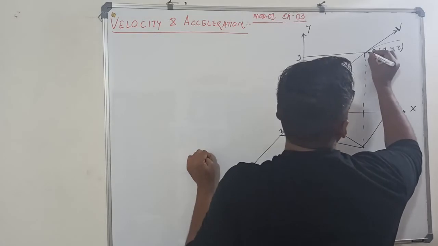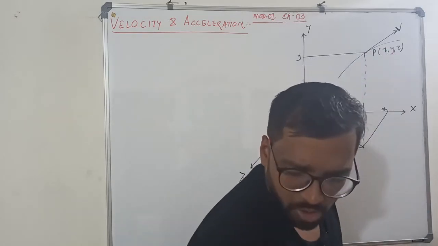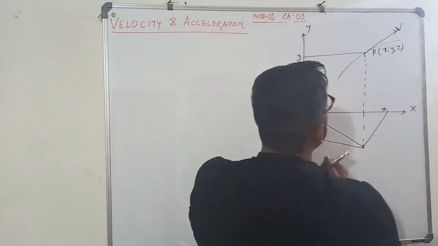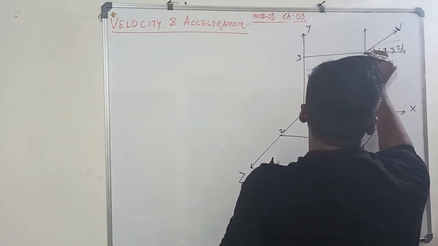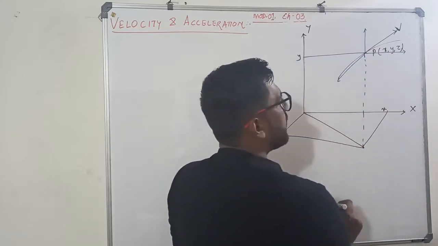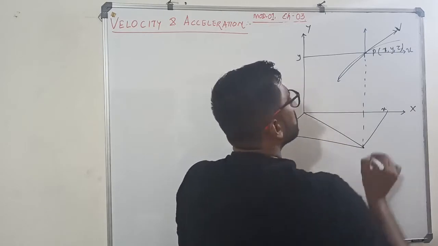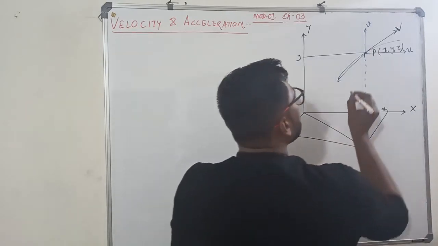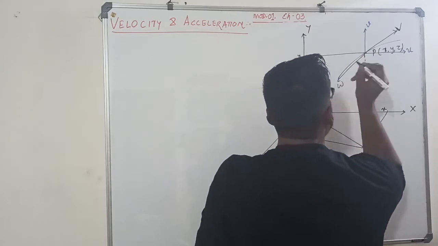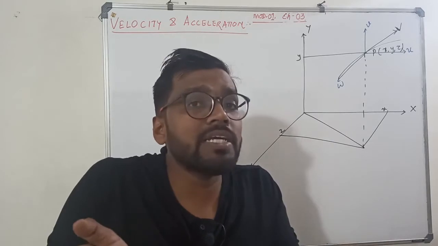Let us say the component of velocity along the x direction is u, the component of velocity along the y direction is small v, and the component of velocity along the z direction is small w.